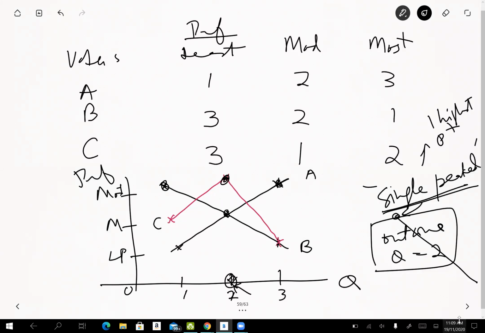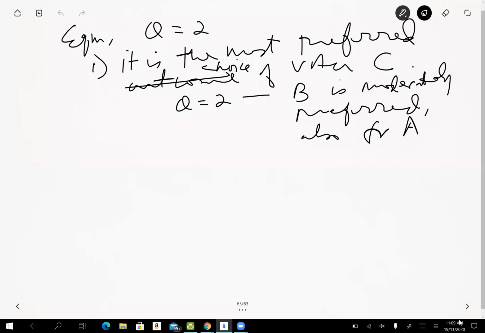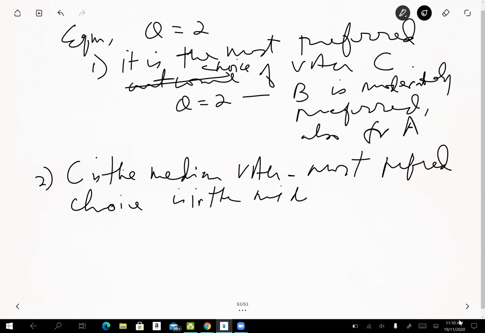So you look at C. C is special in the sense that, number 2, C is the median voter. His most preferred choice is in the middle of all other most preferred choices.